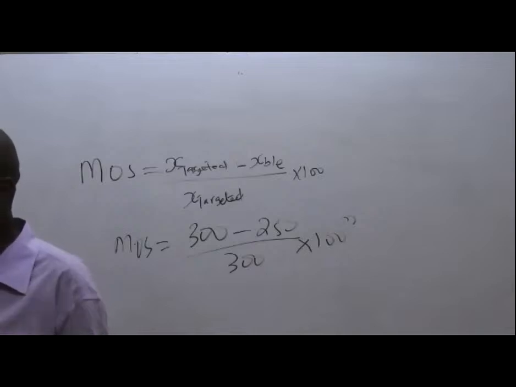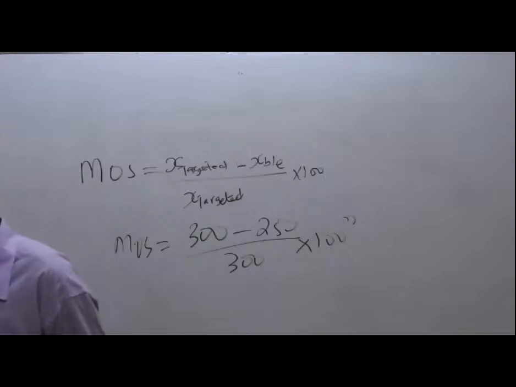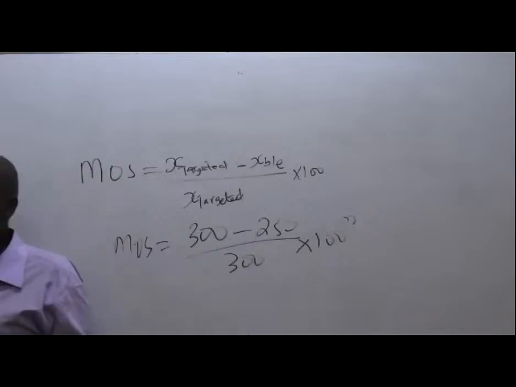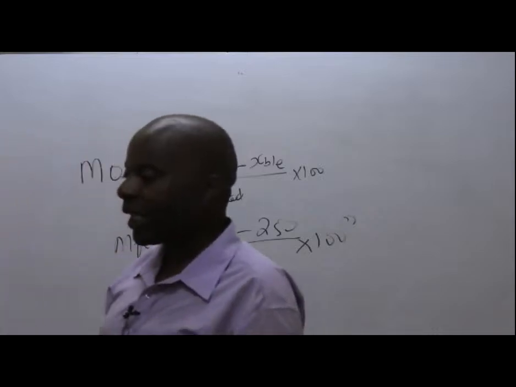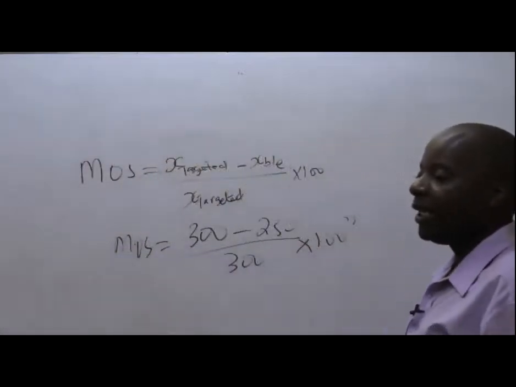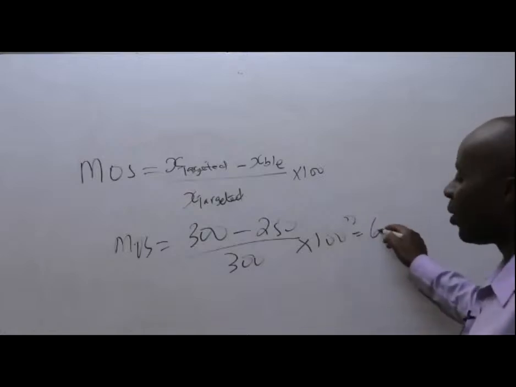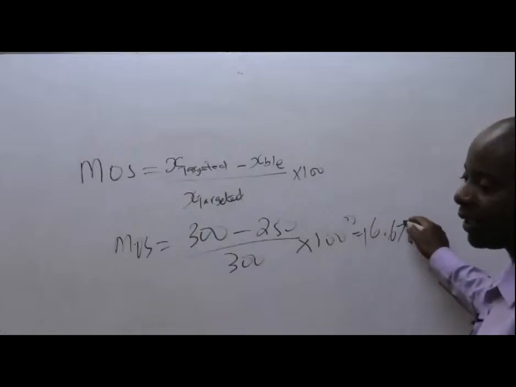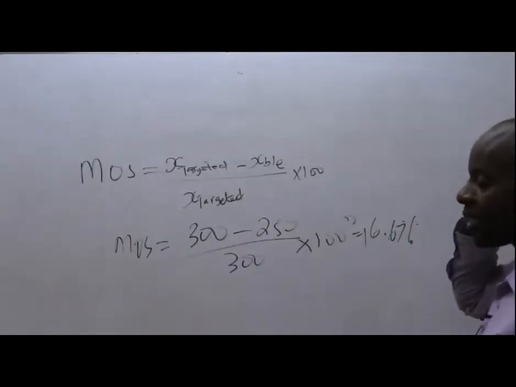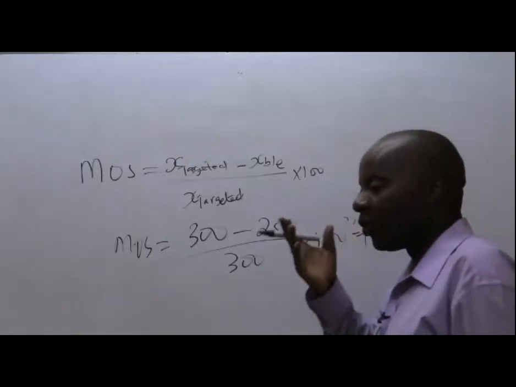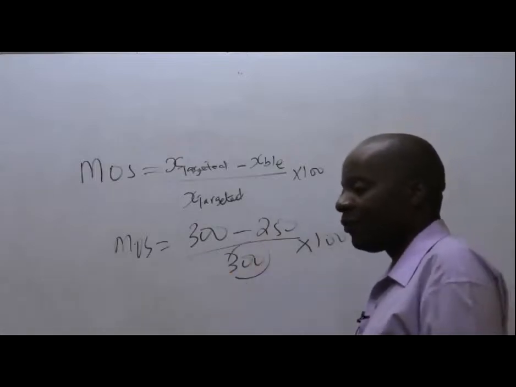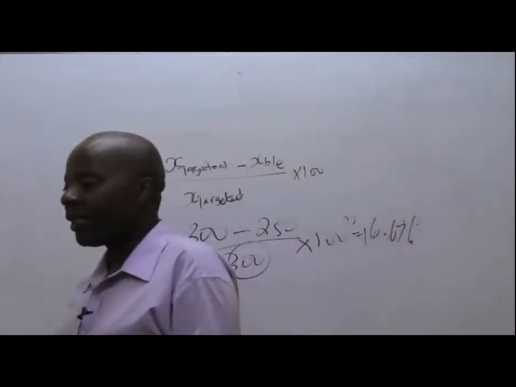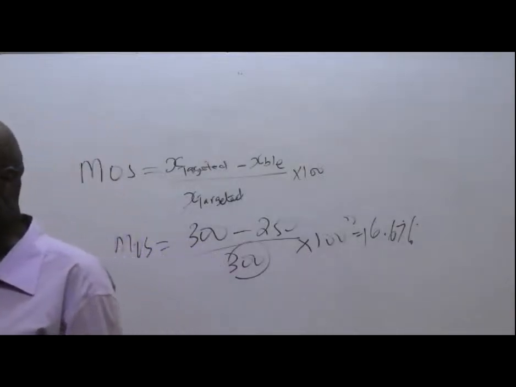Remember also that at the back of the book you have answers, if you have been able to print it out. So it seems everybody is agreeing on 16.67. The ones who are getting 23, I want to believe they're making the same blunder that I almost made. I want to believe they used 250 instead of budgeted sales.